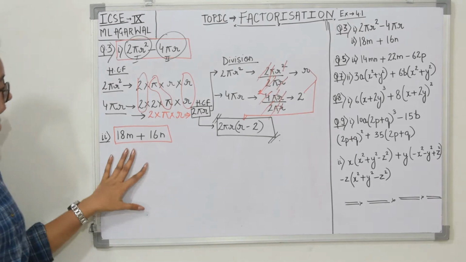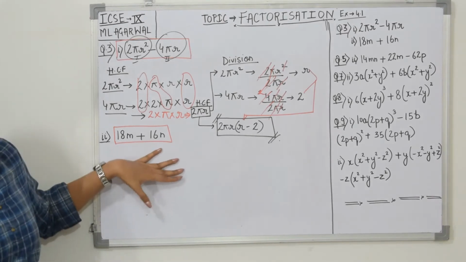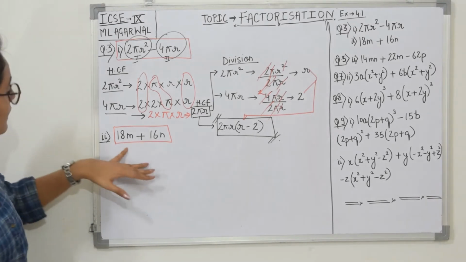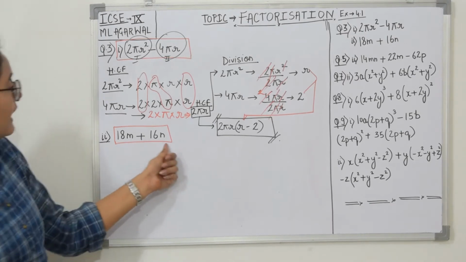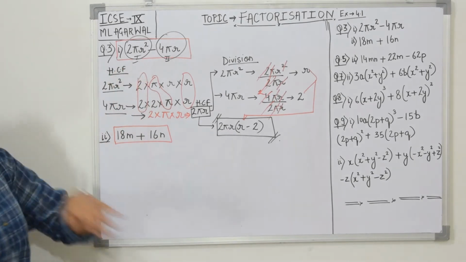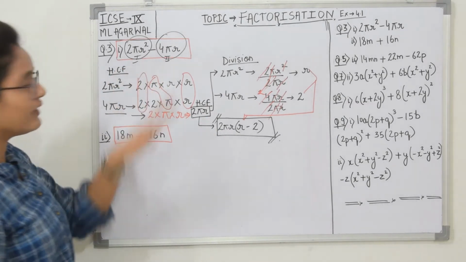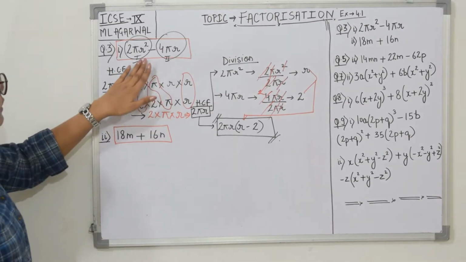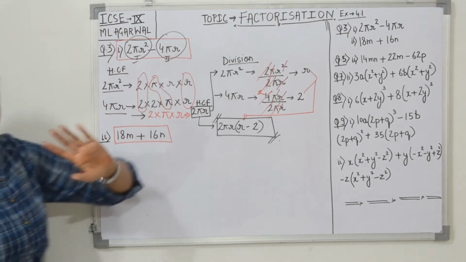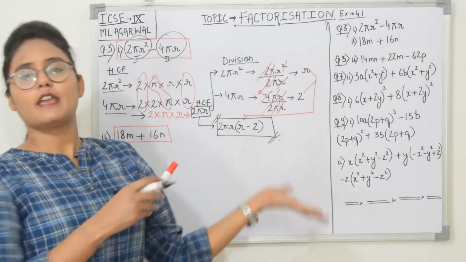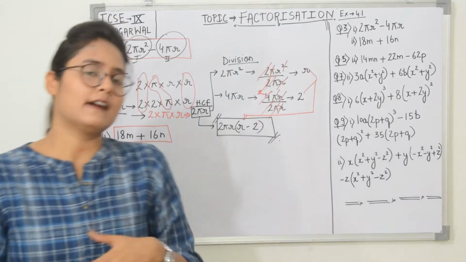Okay. Now see, after looking at this polynomial, some of you might be thinking that here we are not getting common variables, because m is here only and n is here only. Till now what we were studying, we were having common variables like r. We were looking at the questions, we were having r here also, we were having r here also. In previous questions also we were having x and x in common, or y and y in common.